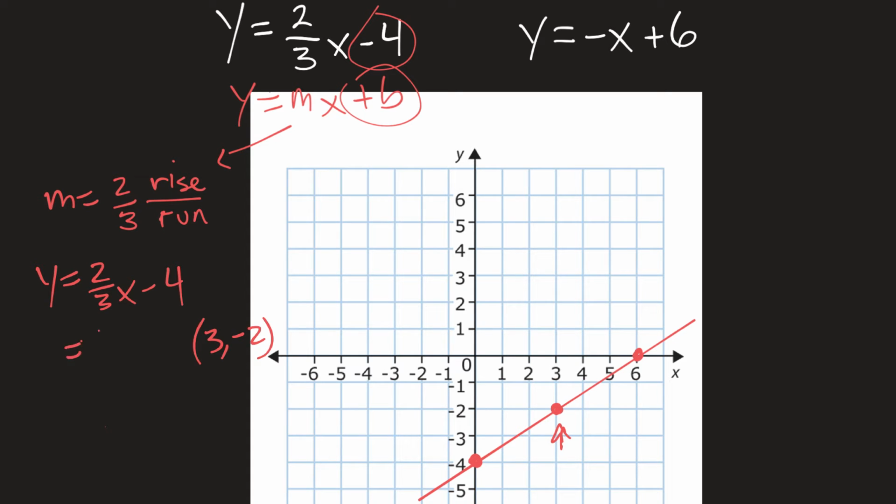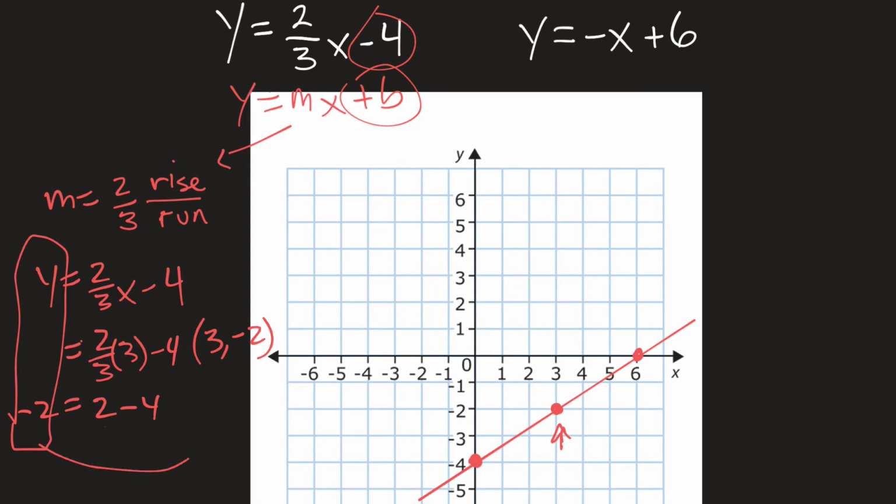I'll substitute that in. 2/3 times x, which in this case is 3, minus 4. 2/3 times 3 is 2, because the 3's cancel. 2 minus 4 is -2. And so y now is -2, and the x was 3. So 3, -2. We could do this all day, all night, for the rest of our lives. And all of those ordered pairs show up on this line. Those are all solutions to that first equation.